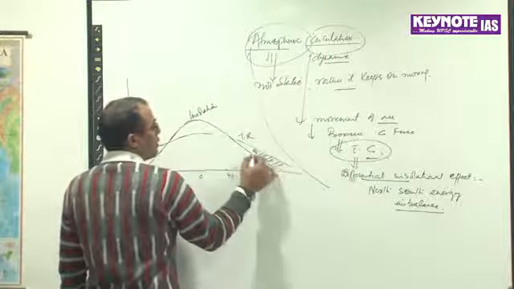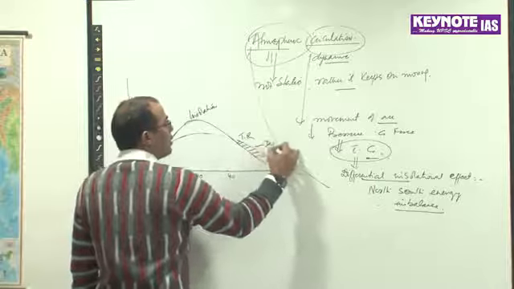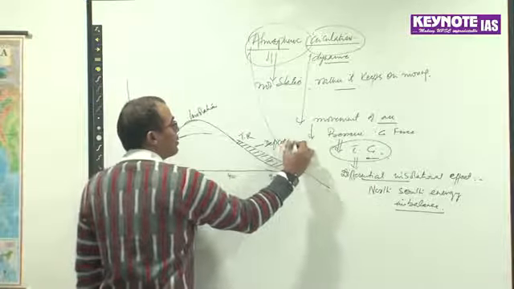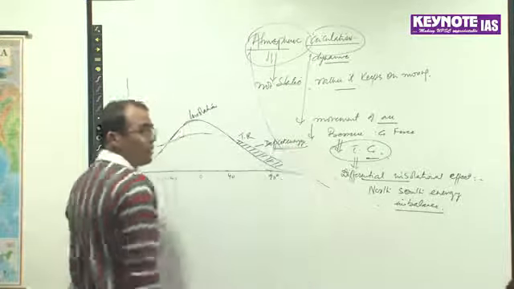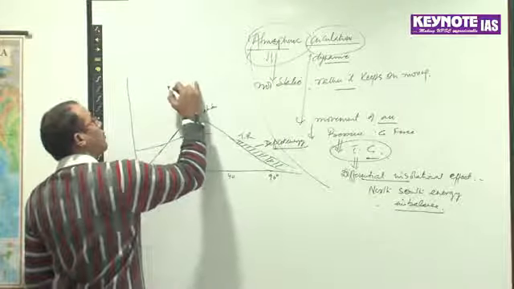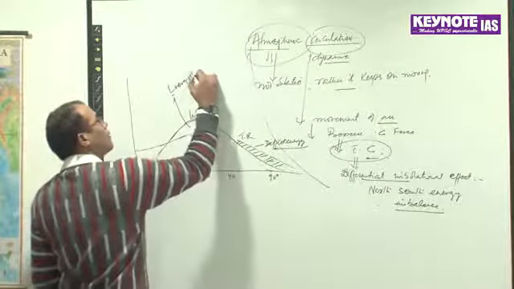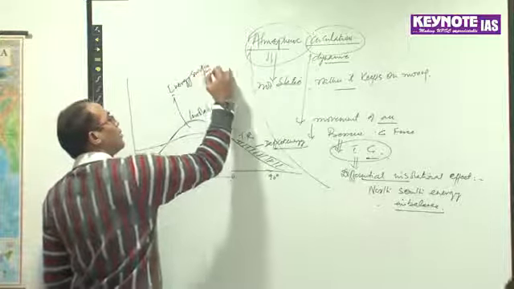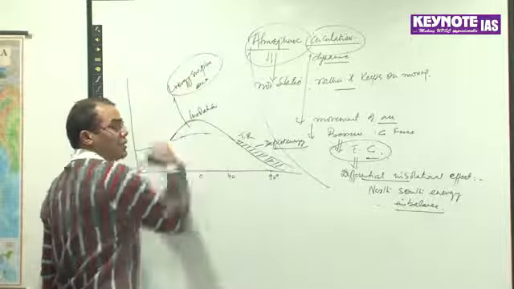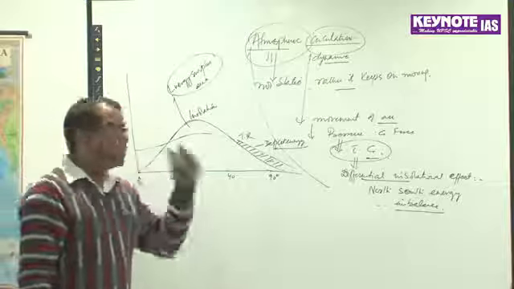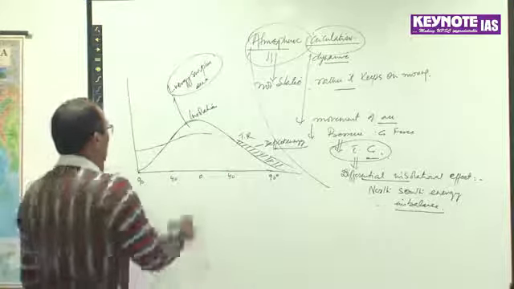Look at here: overall energy deficit area and energy surplus area. This diagram should be used in the temperature discussion also. This is what we call north-south energy imbalance.